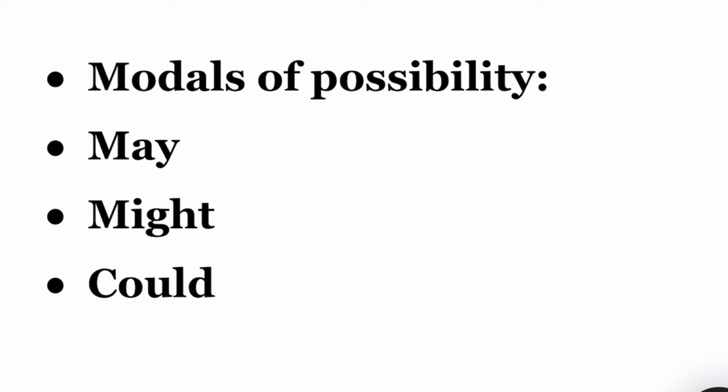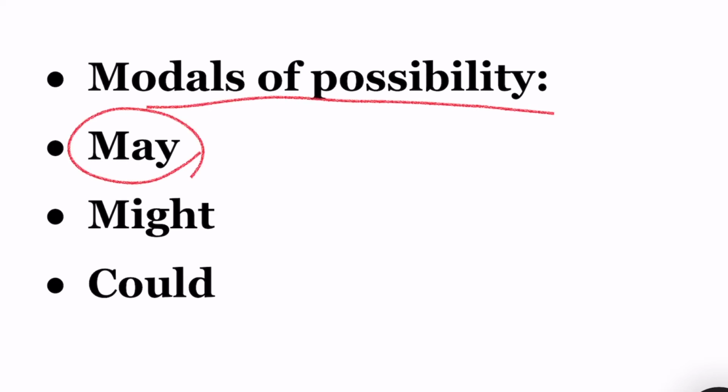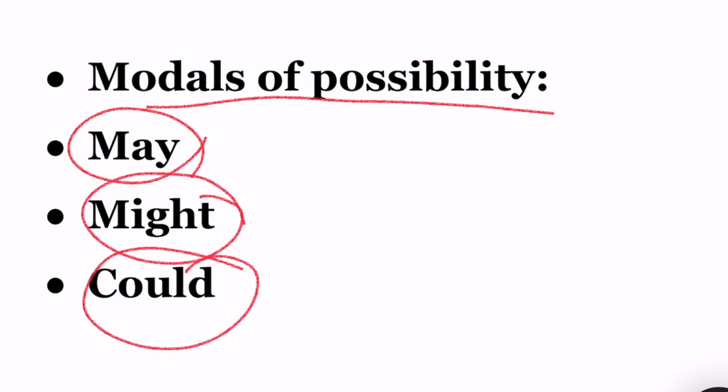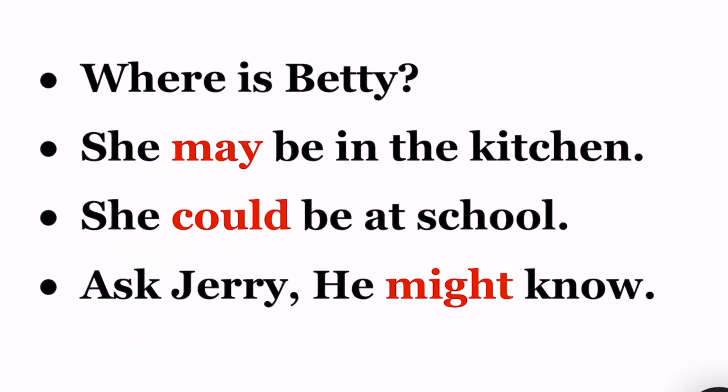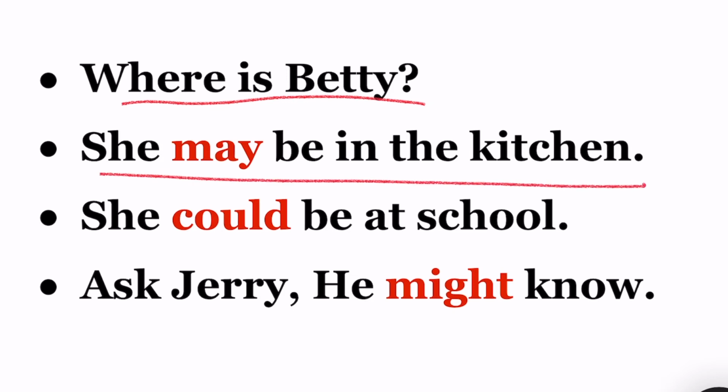In this class, we are going to discuss modals of possibility, may, might, and could. Where is Betty? Answer for this question: she may be in the kitchen. She could be at school. Ask Jerry, he might know.